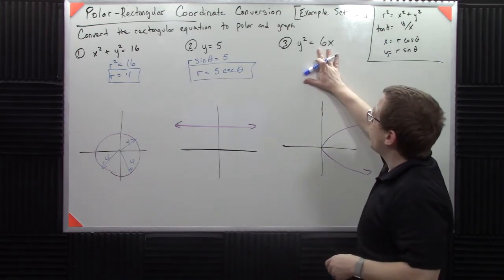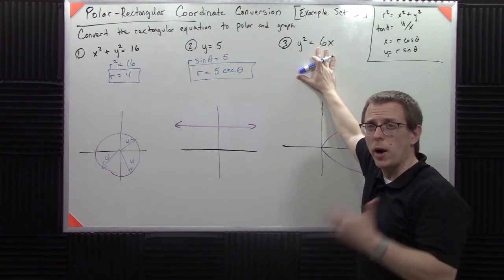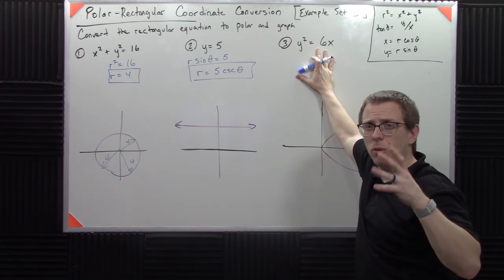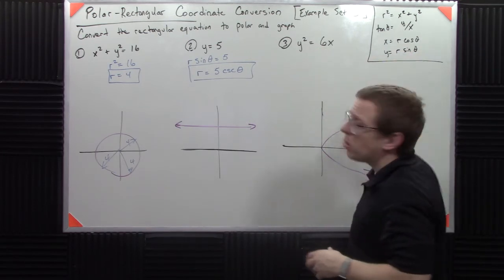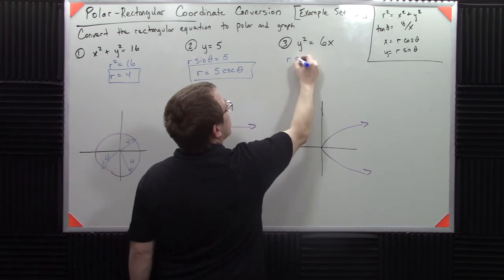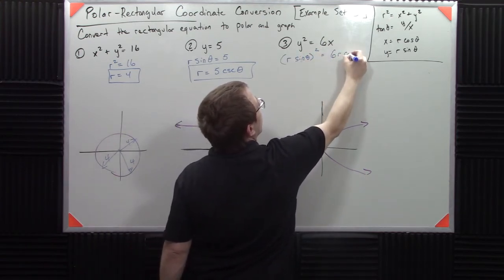And finally, you have this. Now, this isn't super pretty. A lot of people aren't used to y squared equals an x. So that can require wrapping your head around it. But let's plug some things in here. So I'm going to get that (r sine theta) squared equals 6r cosine theta.